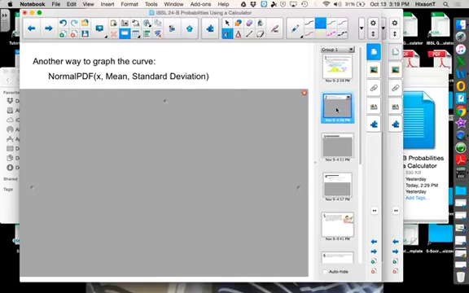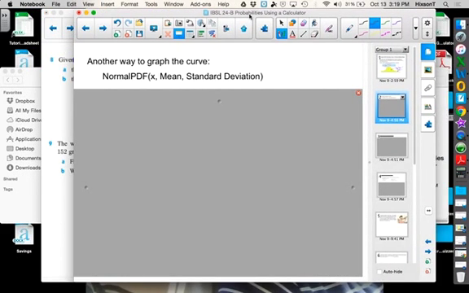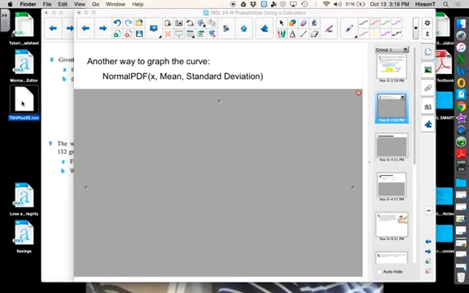Now, notice the things that you're going to put in here. And if you're on the 84, it may ask you for X, the mean, and the standard deviation. Okay? Otherwise, if yours is like the 83, it'll just have parentheses and you'll have to list the things in the correct order.